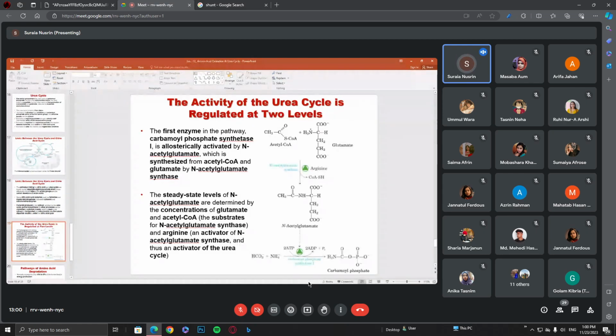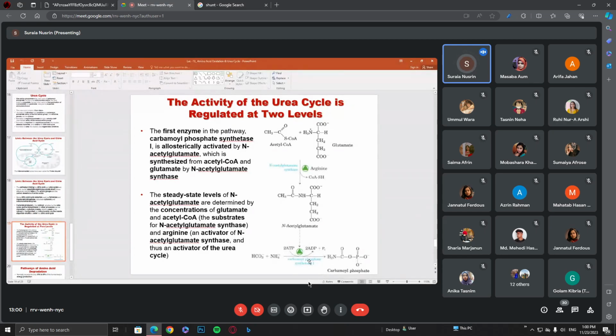So in this pathway as well, the very first enzyme is carbamyl phosphate synthetase, which synthesizes the compound entering the urea cycle. Here, if you look, this is the reaction: bicarbonate, amino group and ATP. We get carbamyl phosphate by the enzyme carbamyl phosphate synthetase 1.